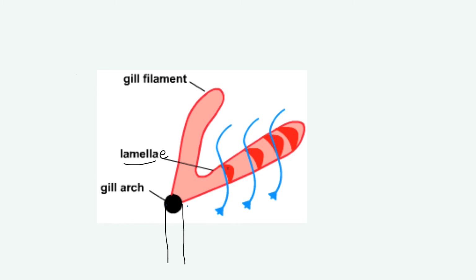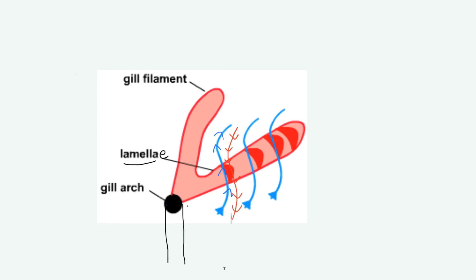And you have a bed of capillaries in here, and the blood runs in the opposite direction to the water, and this is very important. So the water, you can see the arrow there, but let's just put some more on. The water, let's say, is going from bottom to the top there. Now, if I were to draw a capillary, obviously not to scale, like that, the blood will be flowing this way.